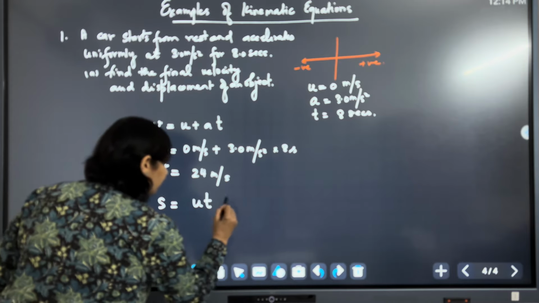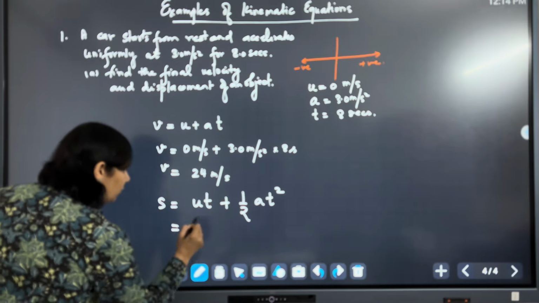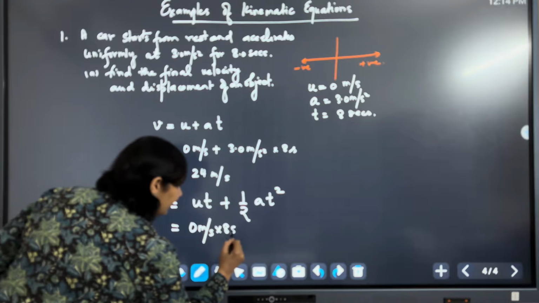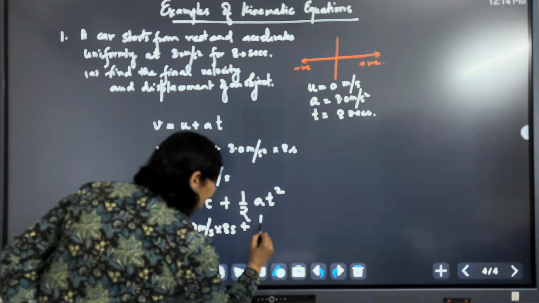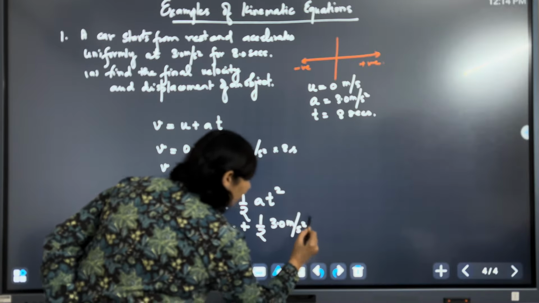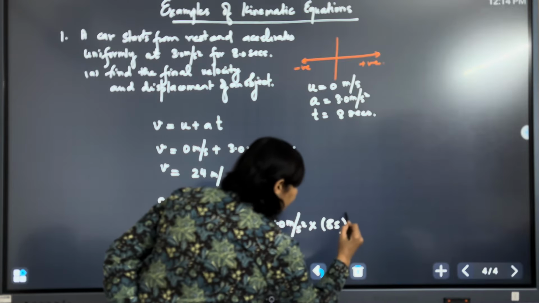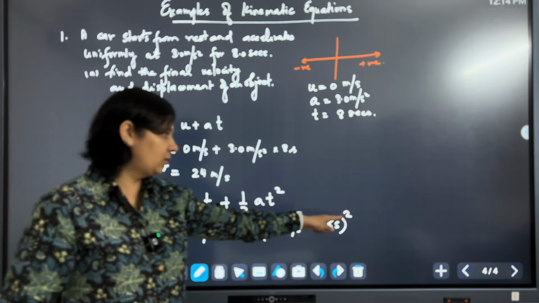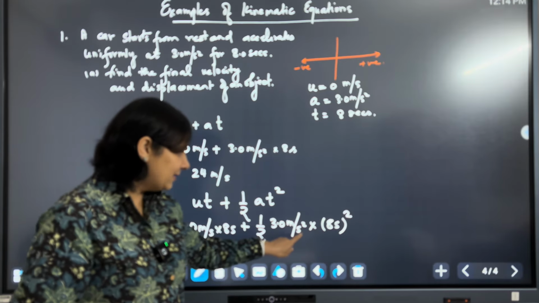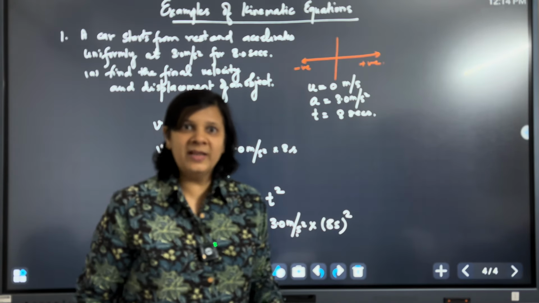s is equal to ut plus half at square, right? u is 0. So 0 meter per second into 8 second, that will be 0 plus half 3 meter per second square into 8 second whole square. Okay, please do not forget this square. Now because this will become second square, which will cancel with this second square, the dimension of this term will be meter, and that's what we expect.